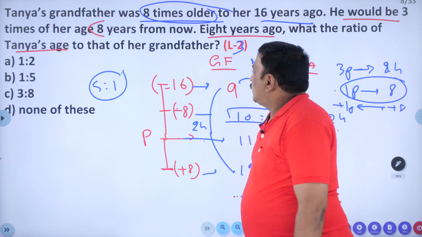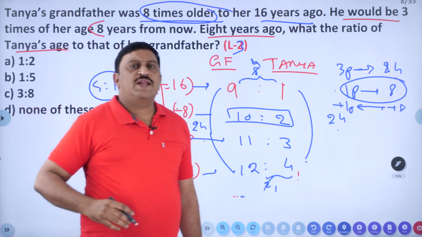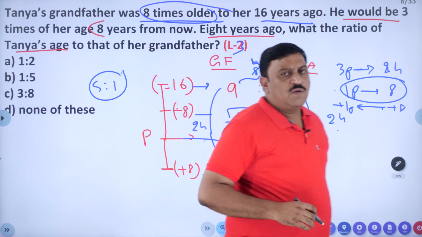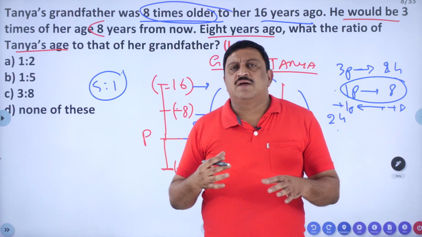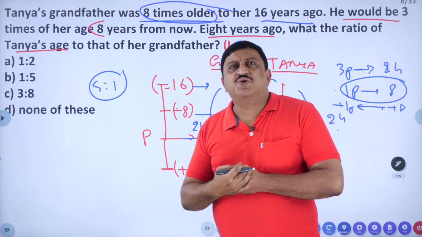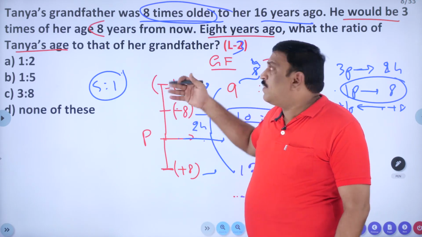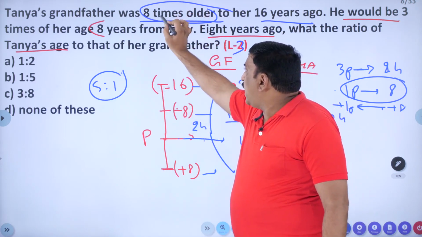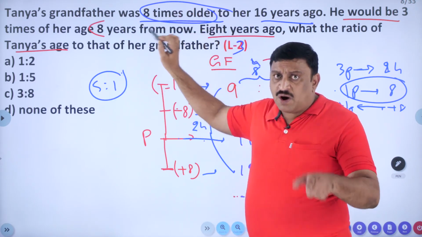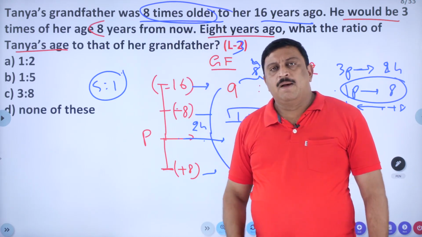See, this question was given previously in SSC and one famous book has given this answer, something like 11 is to 53 or 53 is to 11 like that. Why? Because they thought that it is 8 times older than this one, they thought that it is 8 is to 1, they gave 8 is to 1 only.